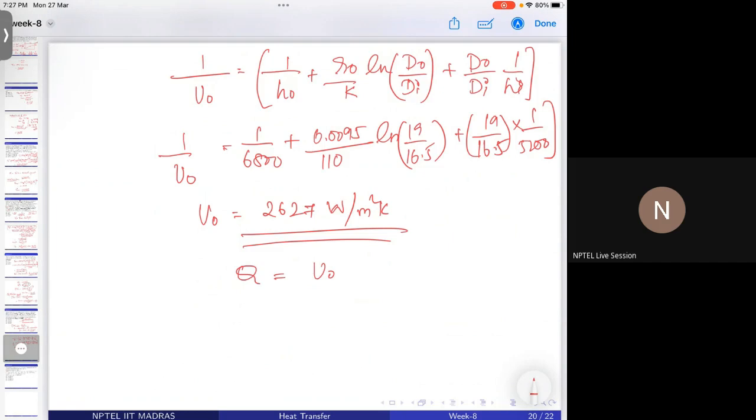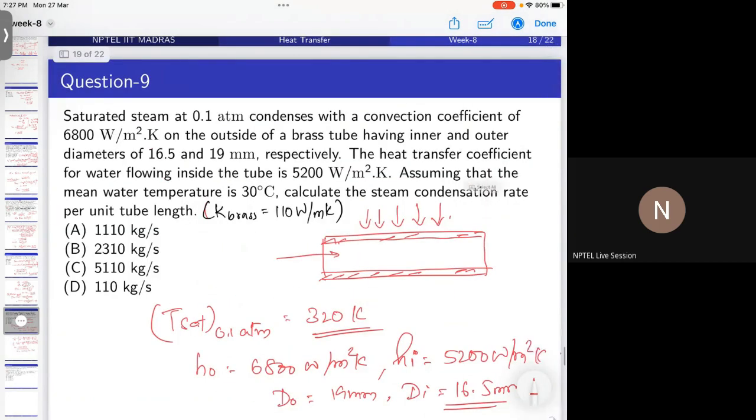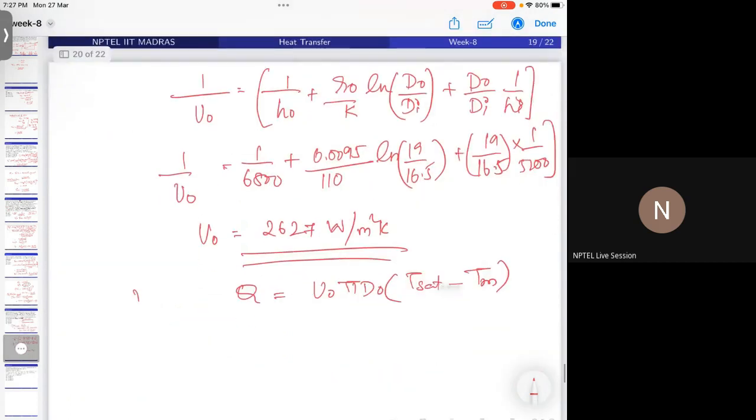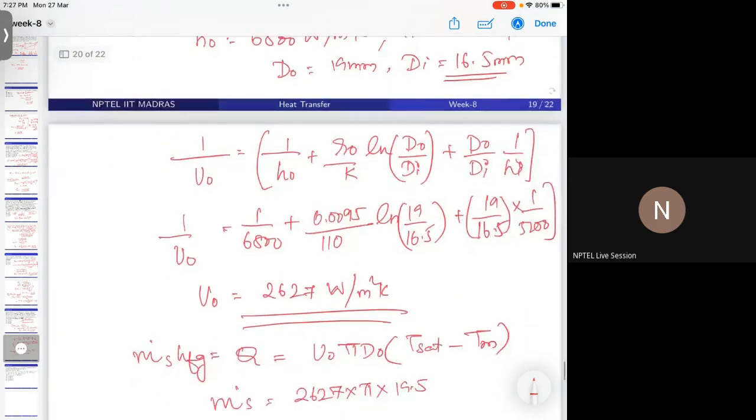So U0, based on the outer surface area, pi D0 into saturation temperature minus the mean temperature of the water, which is given. This is equal to m dot of steam into HFG, right? So you can simply calculate pi into 19.5, right, or 19.